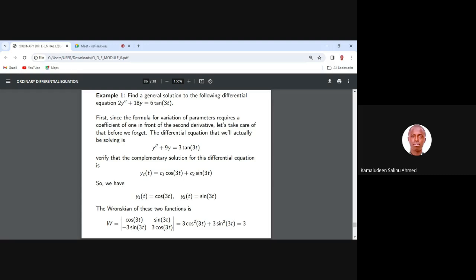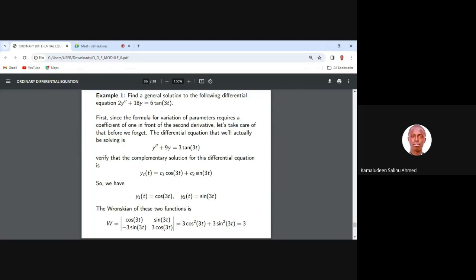Don't forget, whenever you want to solve any problem under variation of parameters, you have to be very observant, because your y'' must stand alone without any constant. Since the formula for variation of parameters requires a coefficient of 1 in front of the second derivative, let's take care of that before we forget. So what are we going to do? You divide both sides by 2.